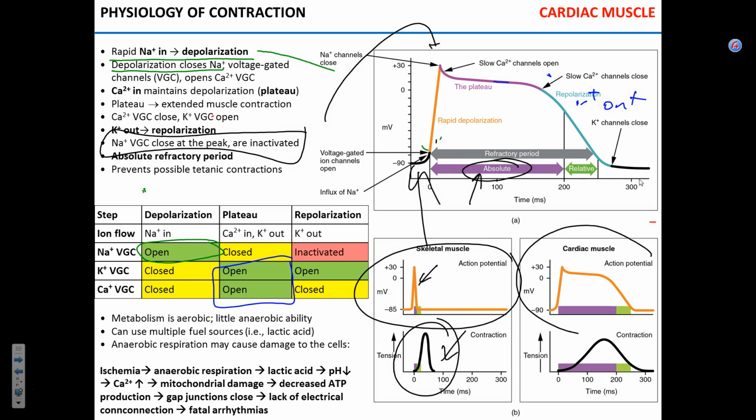In the cardiac muscle contraction, action potential lasts much longer, and the contraction lasts for a longer time, which makes perfect sense. It takes time to squeeze the blood out of the ventricles. Am I clear? So essentially, this plateau, due to the calcium influx, allows to maintain a prolonged contraction, effectively squeezing the blood into the circulation.